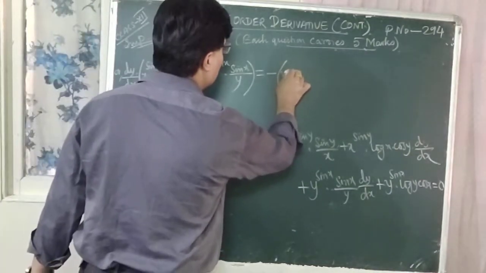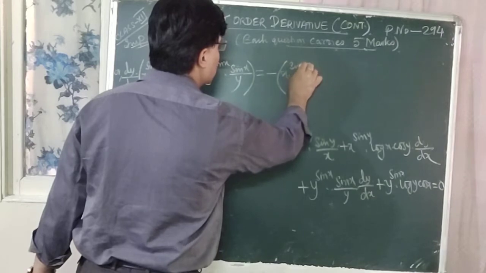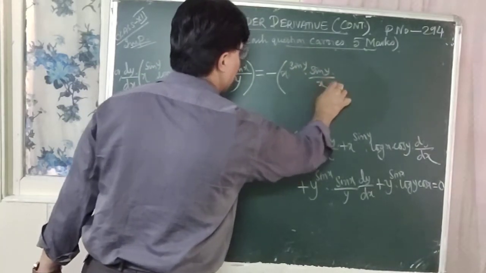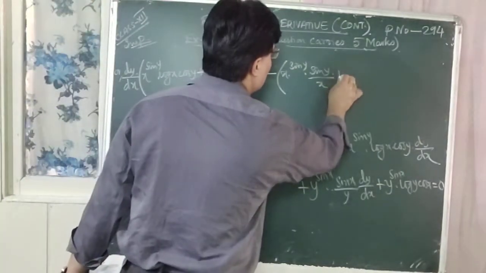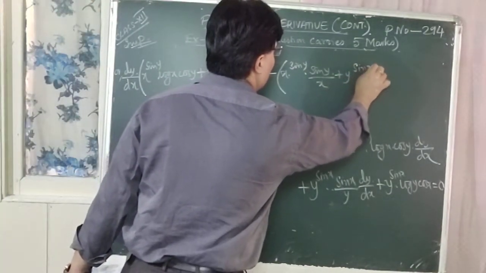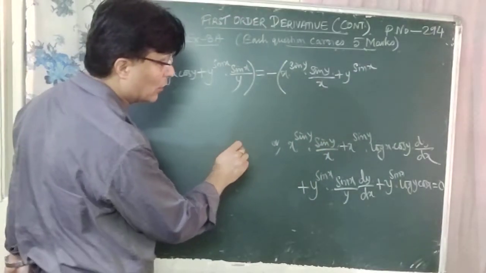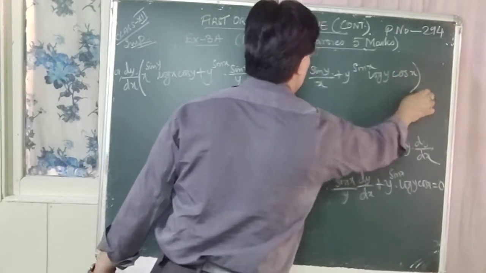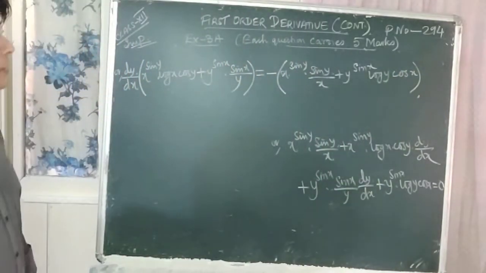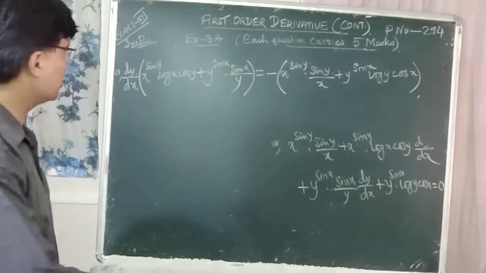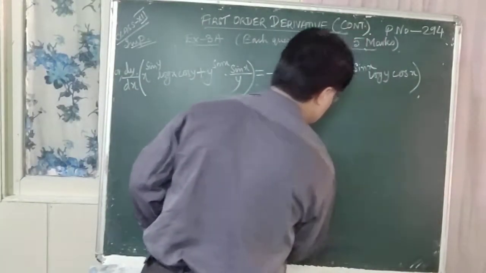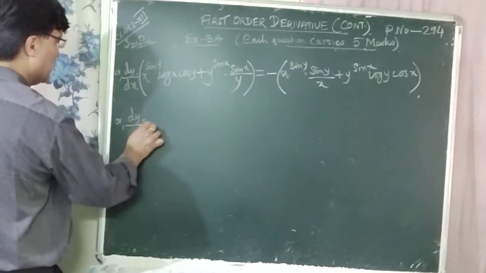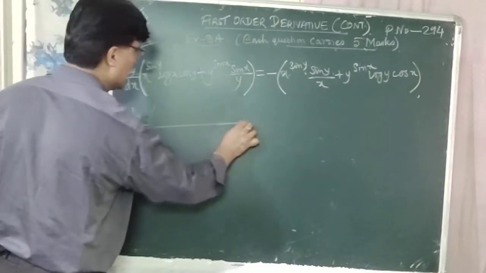So within bracket we get x to the power sin y into sin y upon x, plus y to the power sin x into log y cos x. I think you have understood it. Now you can easily get the value for dy by dx. Let's take the LCM on the left hand side. What's the LCM here?